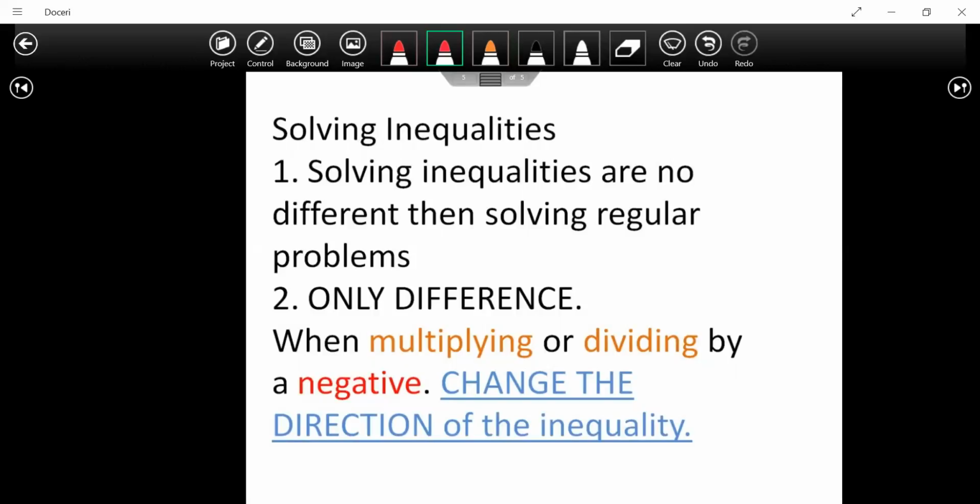It's actually pretty easy. The only difference is that whenever we're multiplying or dividing by a negative, we have to switch the sign. That's it. And I'll show you guys examples on these.